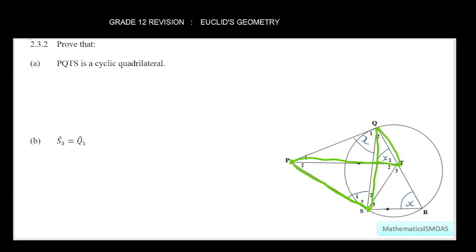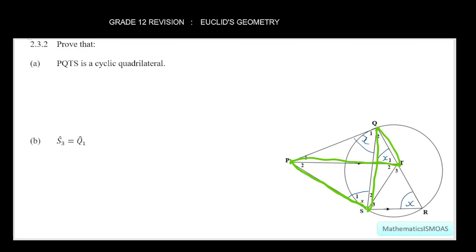Therefore, we can now conclude that PQTS is a cyclic quadrilateral. Reason being, line PQ subtends equal angles.